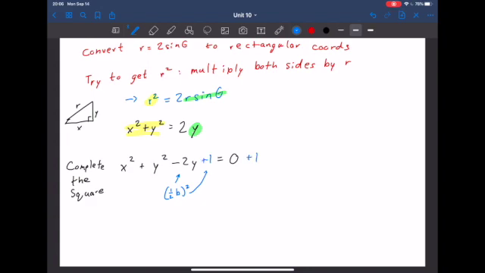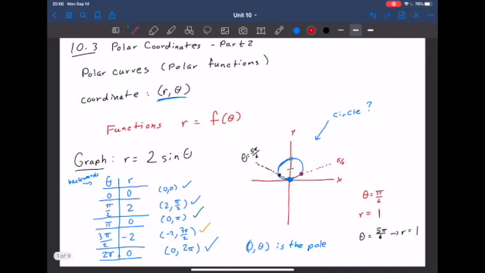And I need to add it to both sides to keep things balanced. And what we have here is x squared plus y minus 1 squared equals 1. So this is the equation of a circle with radius equals 1 and centered at 0, 1. Let's go check if that's what we graphed.